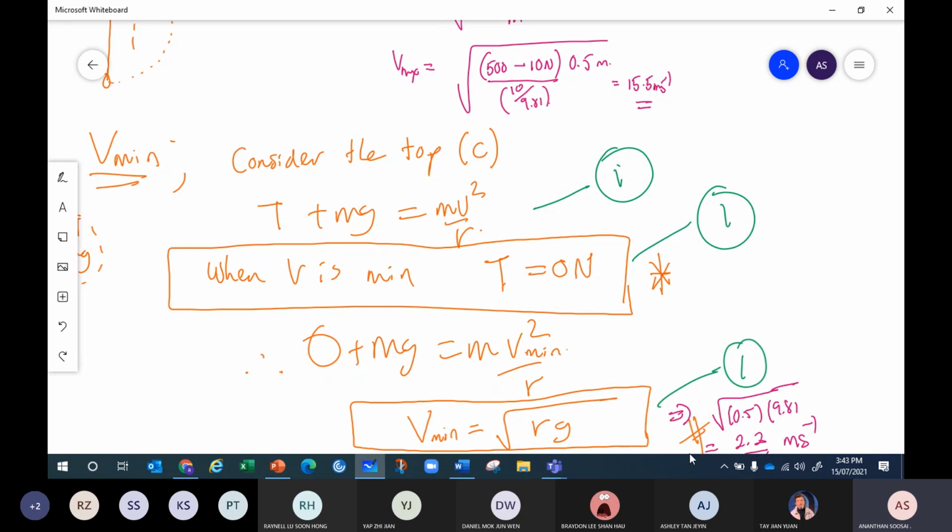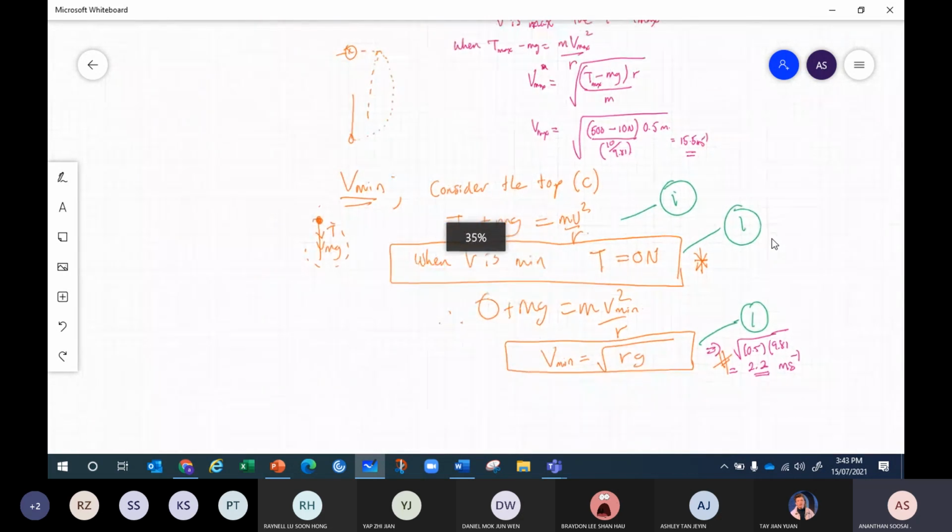If you go less than 2.2, you can't reach the top. Halfway, you're going to fall down. If it exceeds 15.5, the tension at the bottom is going to exceed the maximum tension, which is 500 Newton. It's going to snap at the bottom. This is the total investigation about this system.